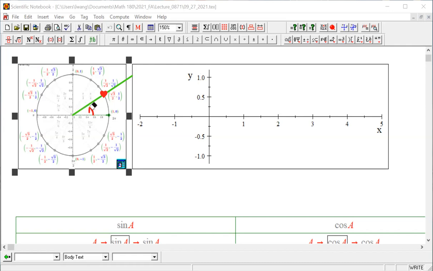Okay, so what is the crossing? The crossing, by definition, is called x comma y. What is x comma y? This red number is x, the blue number is y. And what is it? The red number is √3/2, okay?